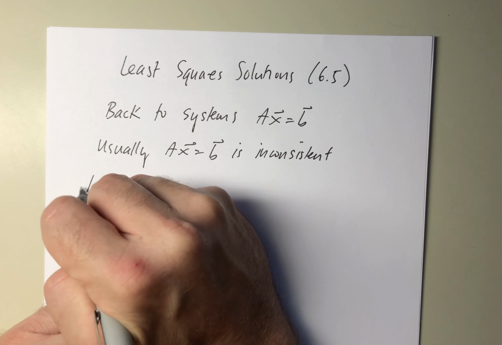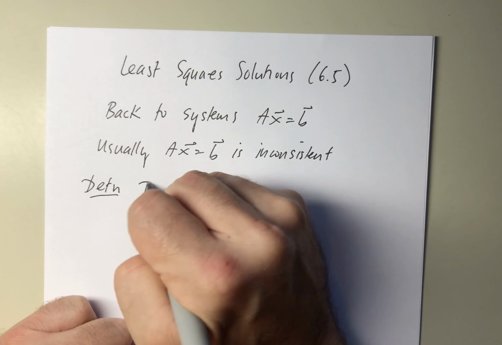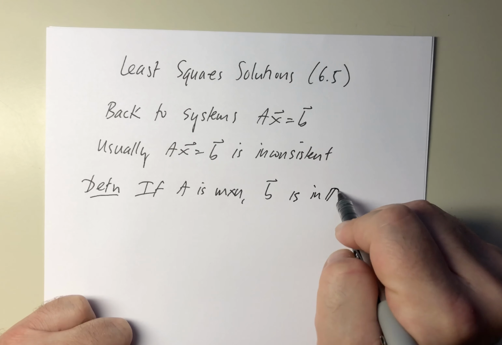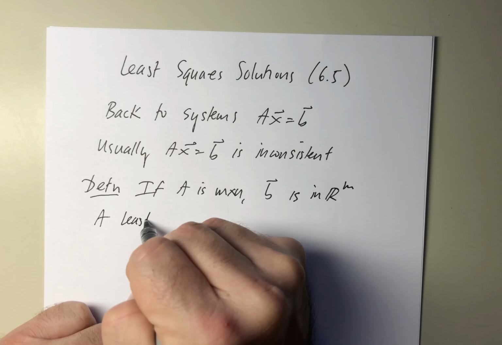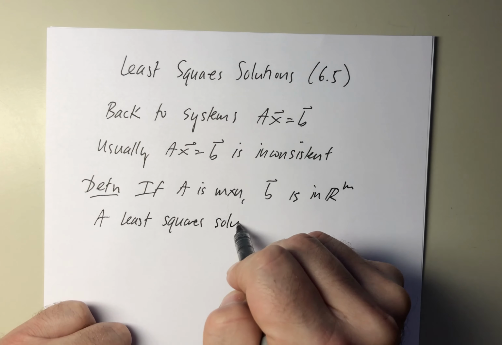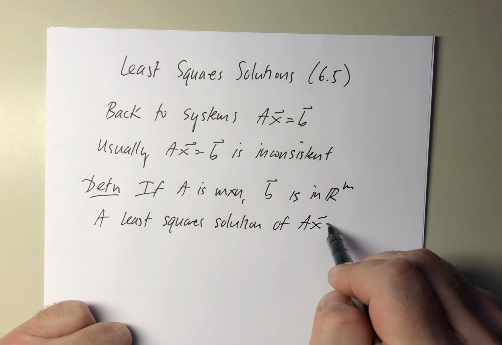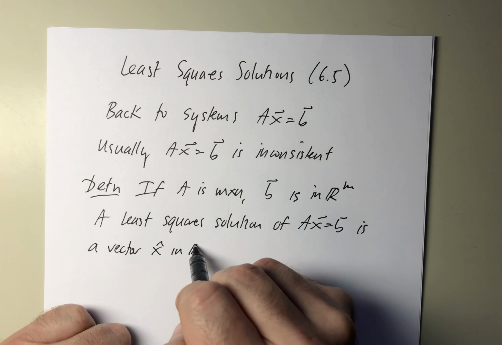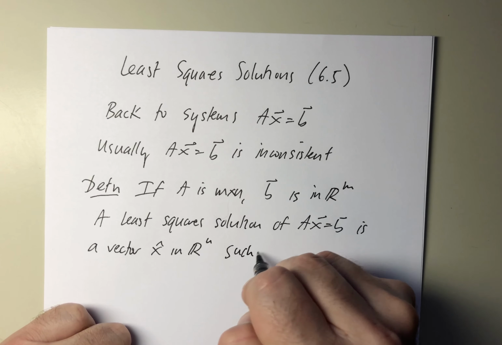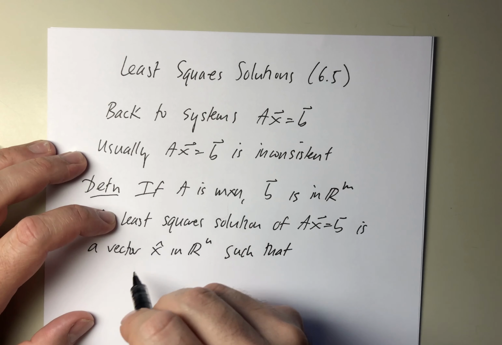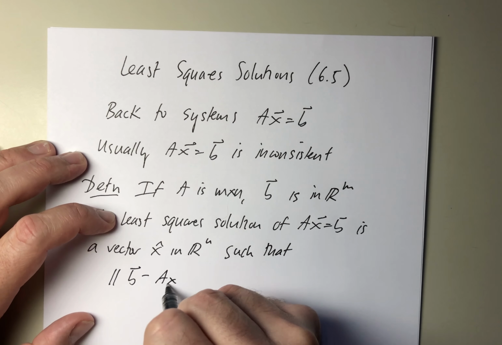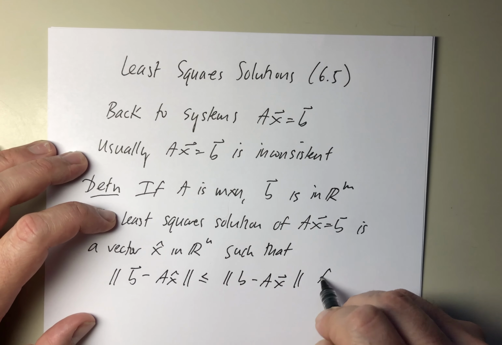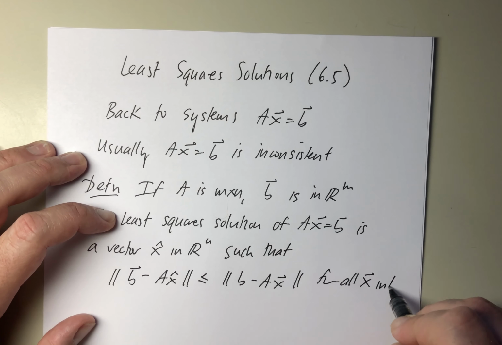So what you often want, and what I'll give you as a definition: if A is m by n and b is in Rm, a least square solution of the system Ax equals b is a vector x hat in Rn such that the length of b minus A x hat is less than or equal to the length of b minus Ax for all x in Rn.